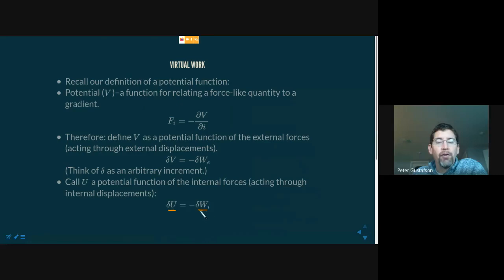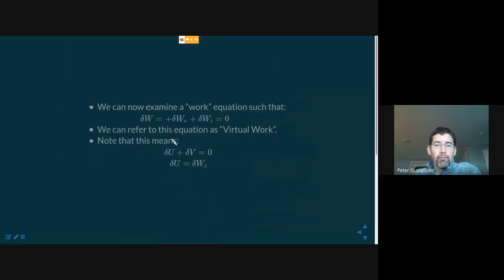So it's an increment of internal work. This really is the incremental forces acting through incremental strains within the body. So now we have an external work potential, we have an internal work potential.